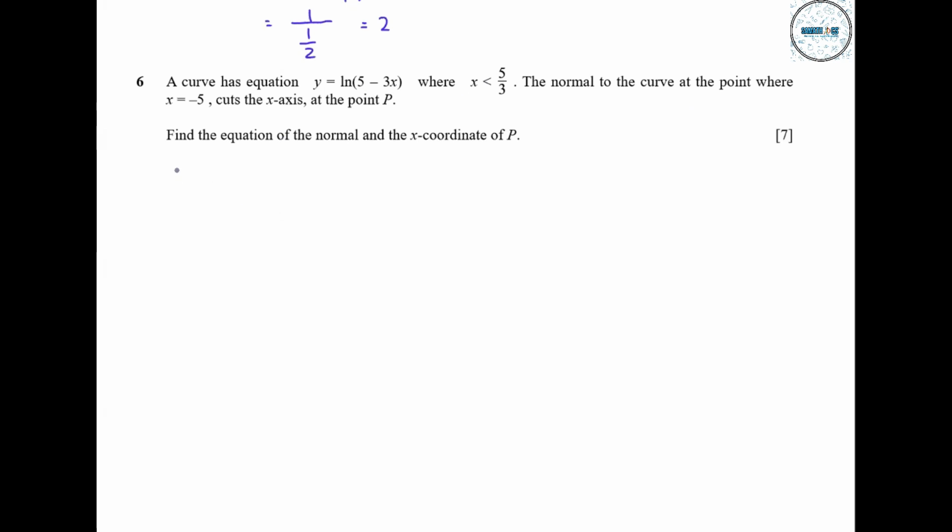So first of all, we will find out dy upon dx, which will help us to find out the gradient for normal. So when we differentiate this, it will be 1 upon 5 minus 3x, and then the differential of this, which is minus 3.